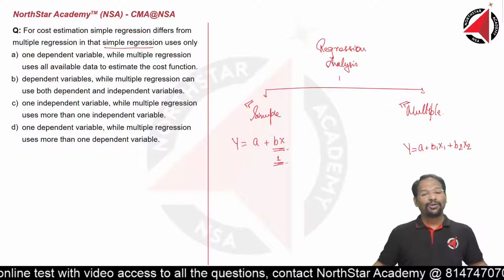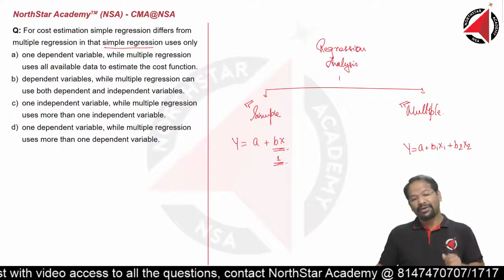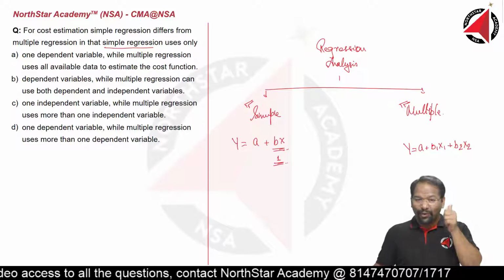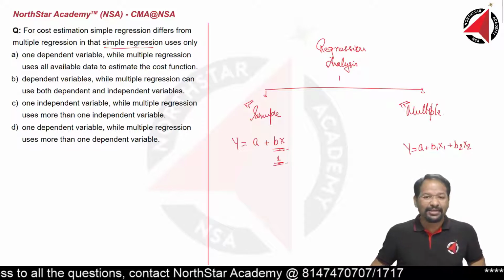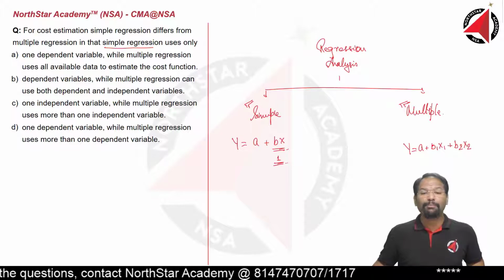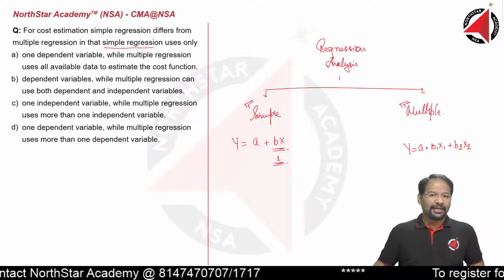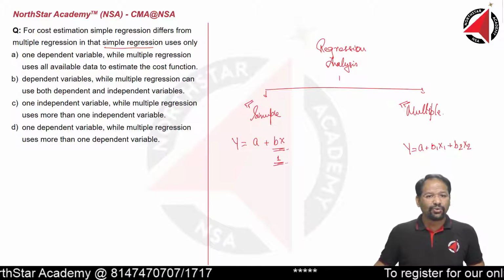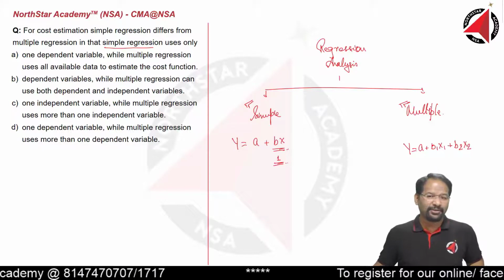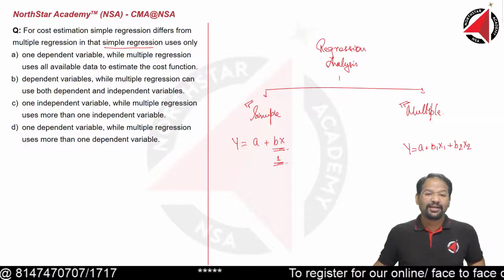Alright, now let's look at the options. One thing we have understood: in simple there is one independent variable, whereas in multiple there is more than one independent variable. Let's look at the options. Option A says simple regression uses only one dependent variable, which is always the case.